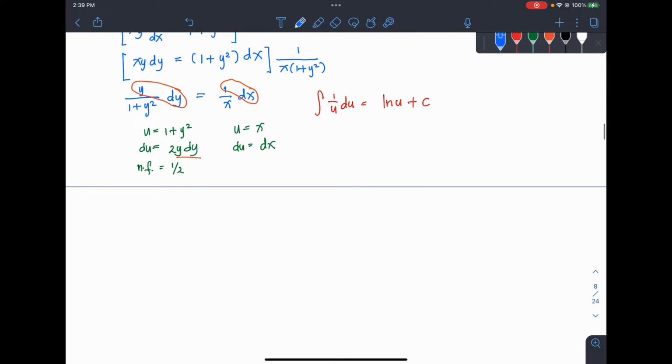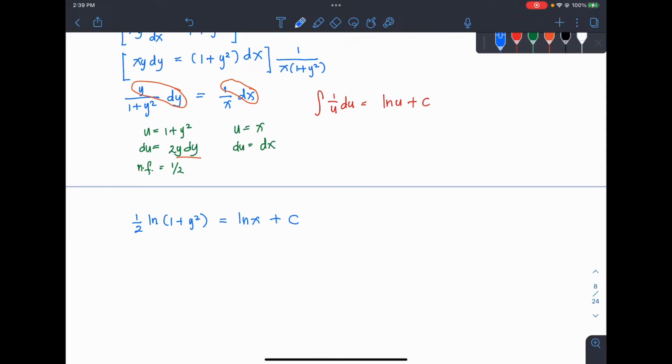And thus, we start with the neutralizing factor of 1/2, then ln of 1 plus y squared, and that will be equal to dx over x, which is ln x, then of course our arbitrary constant c.